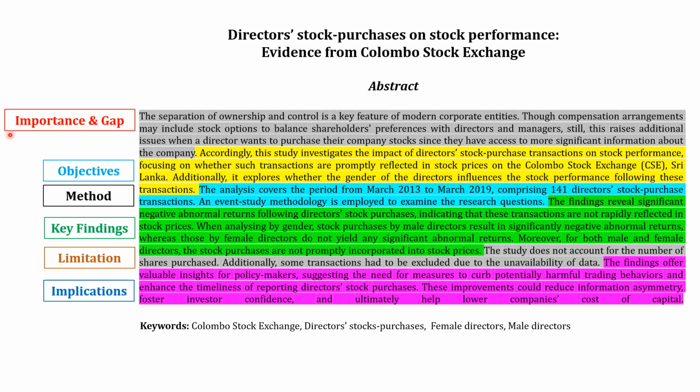Okay, so now let's look at the abstract. This is the research topic, and we are going to write the abstract. As I said earlier, this is the snapshot of your entire research. It gives the key segments of each and every chapter that you have written in your research report.